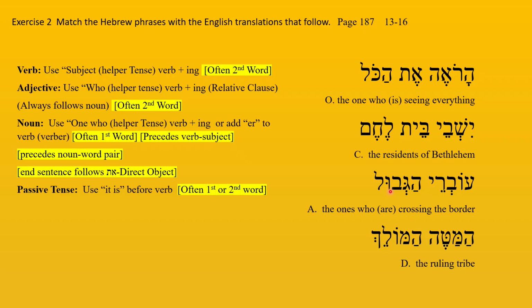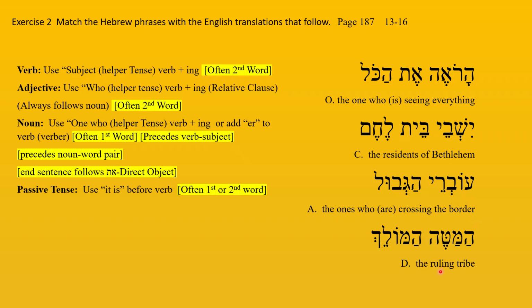Okay, easy peasy. Recognize your participle. What position is it in the sentence? What words are around it? And process of elimination or whatever makes sense, you're going to begin to do the translation.